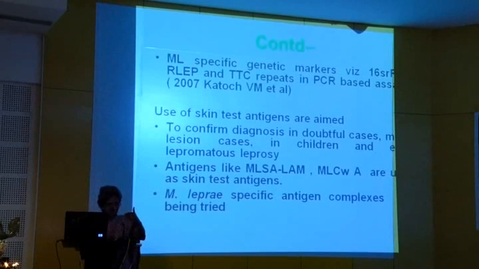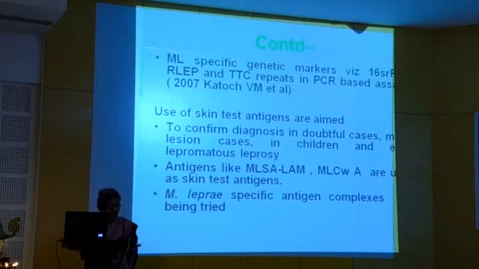If you can detect and measure the level of this particular leprosy marker, can we use that as a marker for saying this man is cured and there is no viable bacteria in the system? That's one of the aims of this test that is being developed, and one is trying to see whether it can be made field friendly. Can you have a simple technique like a dot blot assay to see, okay, this man is cured, now we can release him from treatment? That is where we probably need a test.